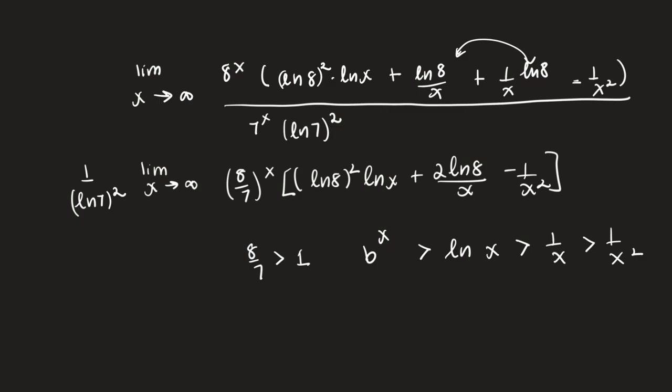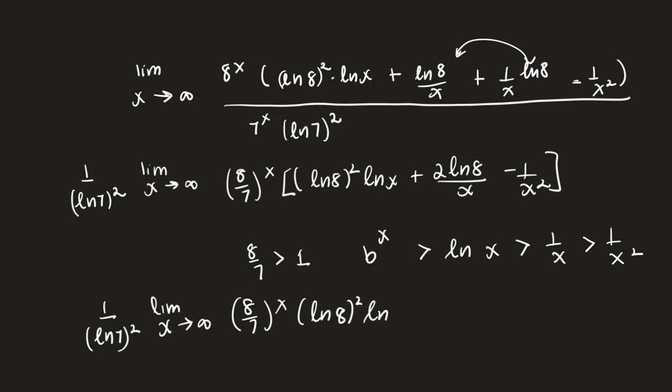And so we have 1 over the natural log of 7 squared times the limit as x approaches infinity of 8/7 to the x times the natural log of 8 squared times the ln of x, because we can think of these two guys here going to 0.